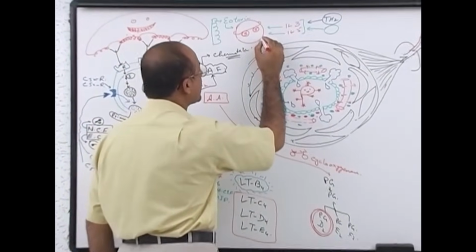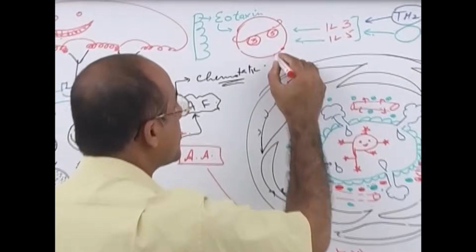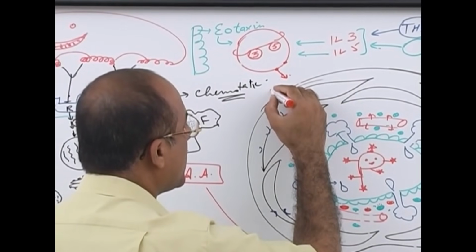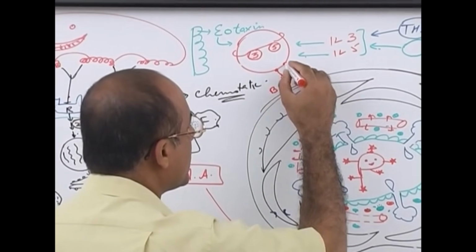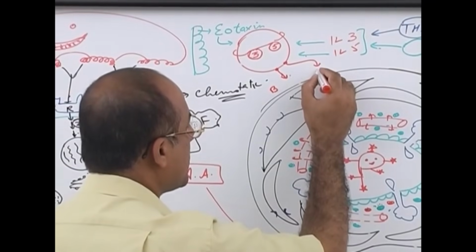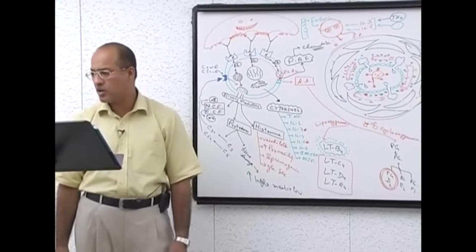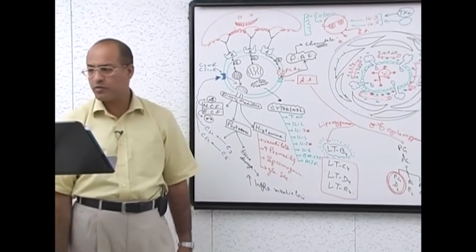Especially, don't take eosinophils lightly. Eosinophils can produce two very dangerous products. Number one, they produce cationic proteins. Eosinophils produce positively charged proteins. We call them eosinophil cationic protein.